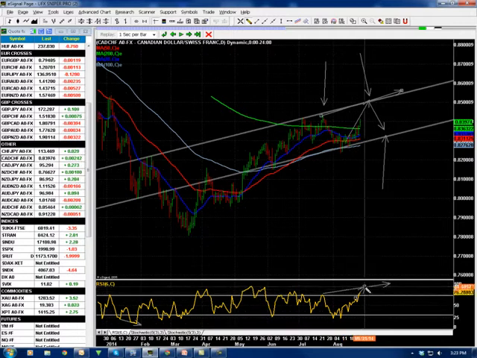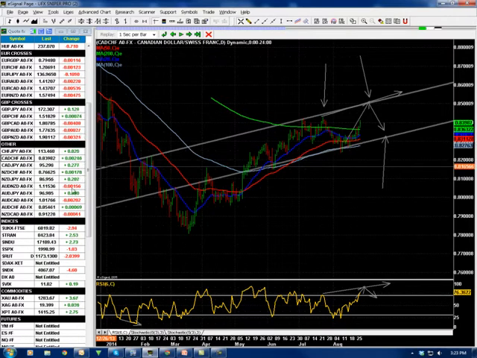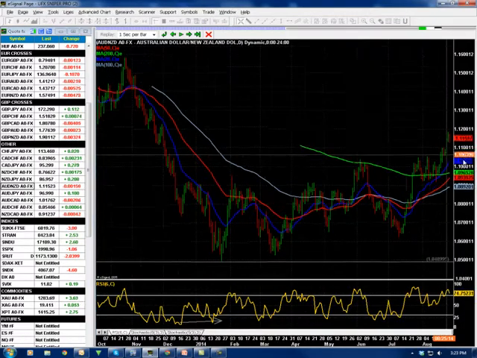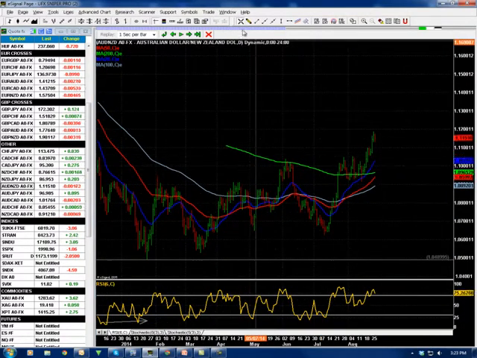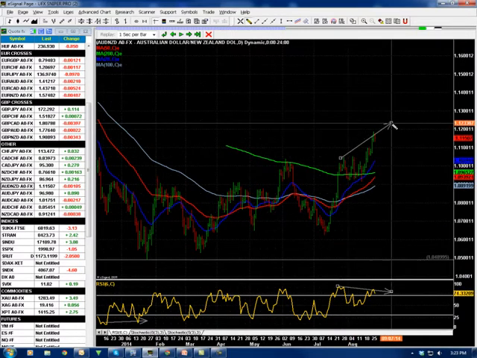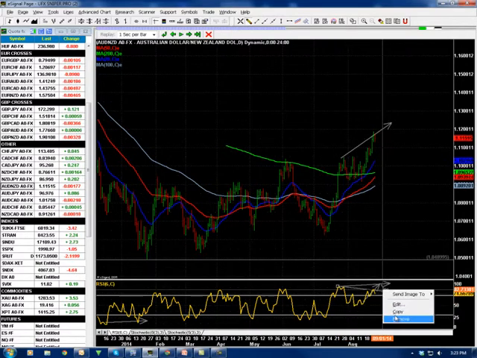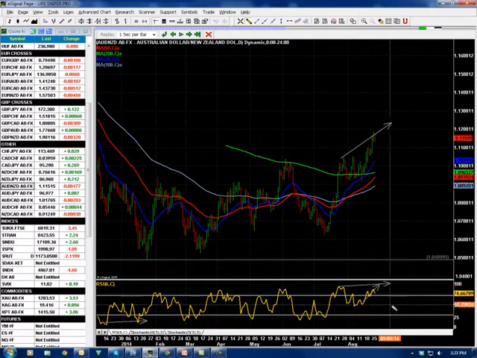So then you get the higher highs there. So it'd be on a trend continuation long. Now on the Aussie Kiwi, it is giving divergence as it is now. If it carries on pushing up, then it's going to be giving convergence.